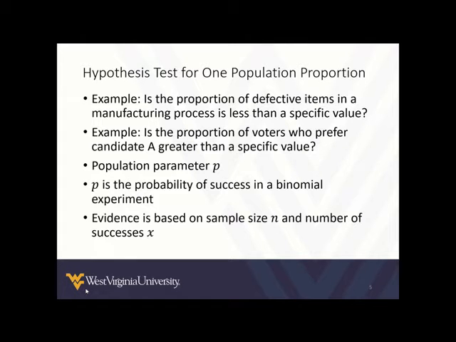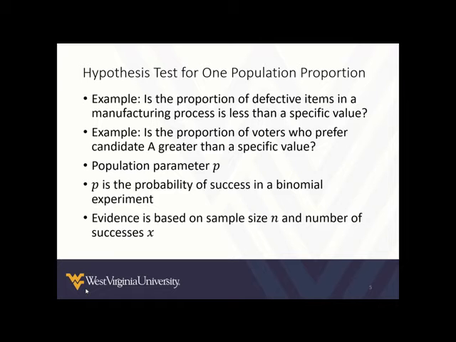I do want to recall that when we say probability of success, that doesn't necessarily mean the probability that something went correctly. It's really the probability or proportion that is of interest. So in that first example, the proportion of defective items, the probability of success would be the probability of a defective item, because that's the proportion of interest.